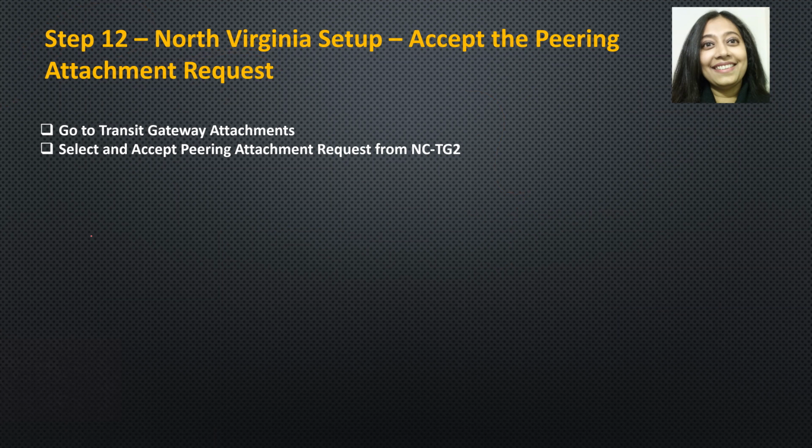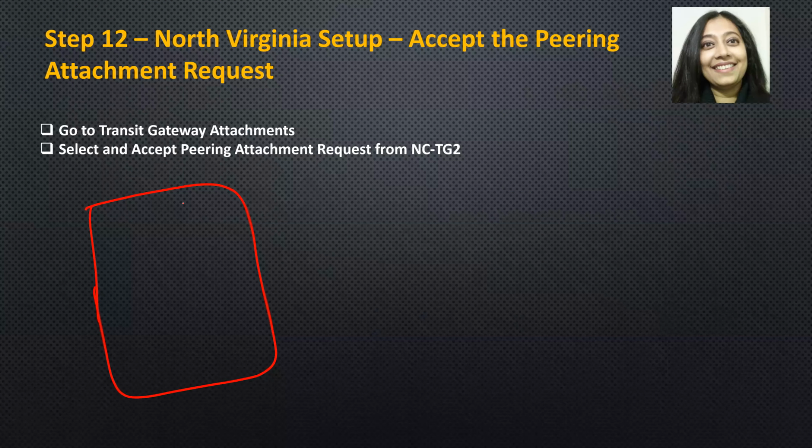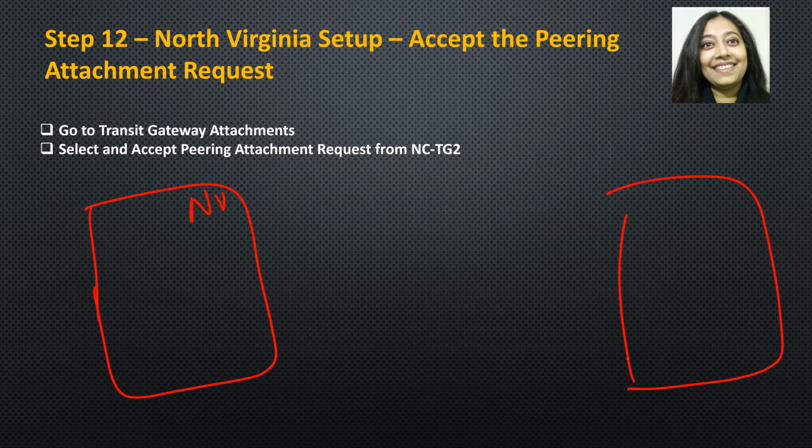So you have your region right here, North Virginia. You have another region right here, right, North California. You have your VPC going in over here, of course, with your subnet. You have your EC2. This EC2, remember, has a public IP address. I'm going to show it like this, right?